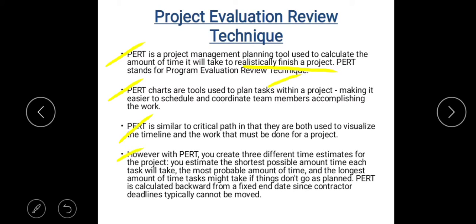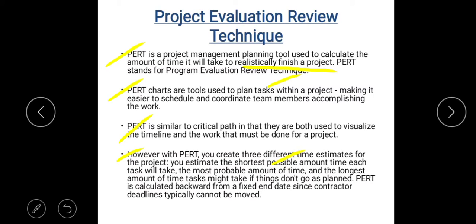However, with PERT, you create 3 different time estimates. In my previous video, I mentioned this point. In case of PERT, we create 3 different time estimates for the project. So what are those 3 estimates? They are the shortest possible amount of time each task will take.